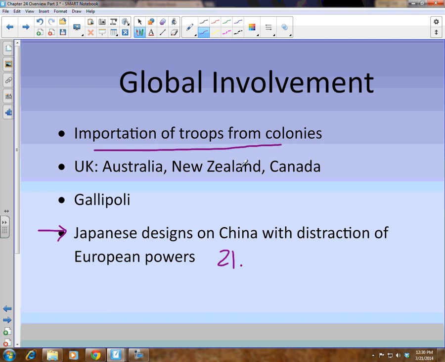Canadian, Australian, and New Zealand forces were dragged into the disastrous Battle of Gallipoli, which is in the Ottoman Empire. This was an extremely bloody battle, and I'll show you some amazing pictures from this battle in class, and also some of the memorials. Gallipoli was a strategically important place.